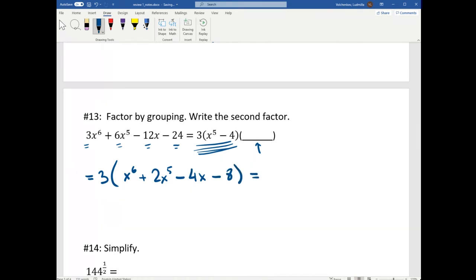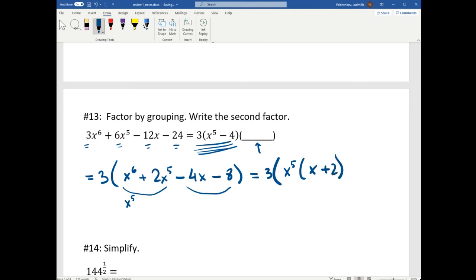Okay, then we want to group these four terms. Let us group them, the first two and the last two. Okay, we keep this 3. In the first two terms, we can factor out x to the power of 5, since it's the lowest power. Okay, x to the 5th, x to the 6th divided by x to the 5th, 6 minus 5, will be just x. 2x to the 5th divided by x to the 5th will be 2.